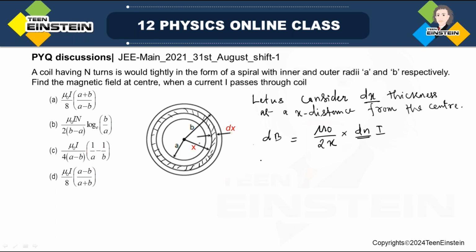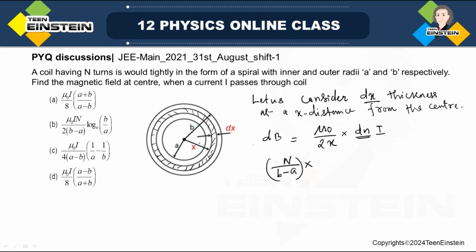Total number of turns are n, so number of turns per unit length, or unit distance from the center, will be n by b minus a.